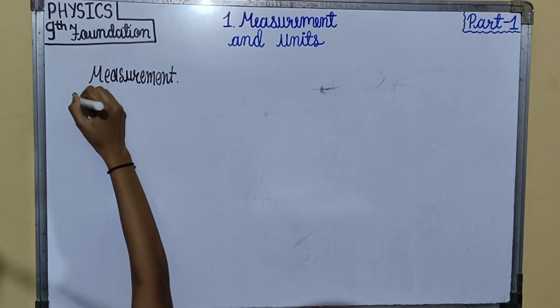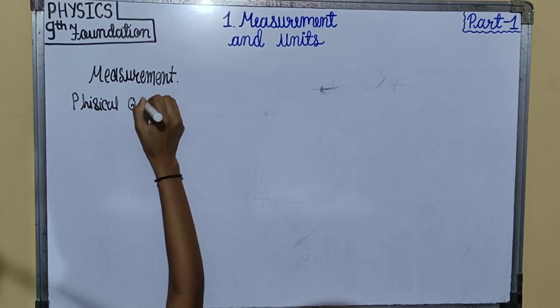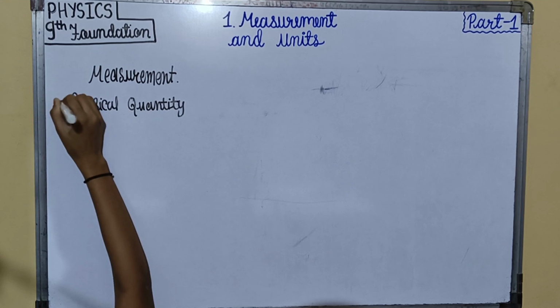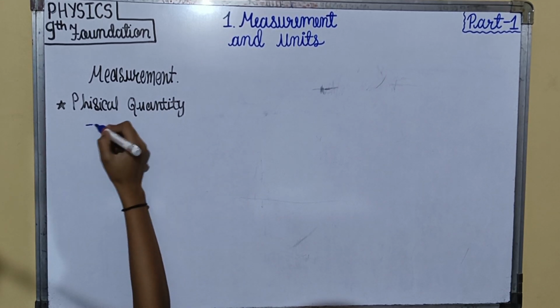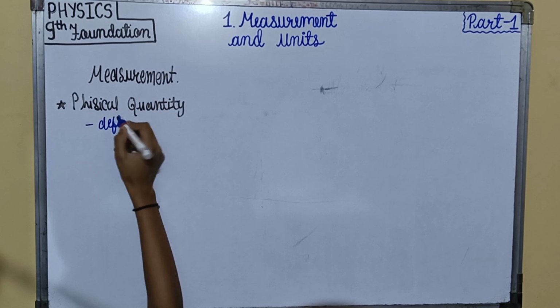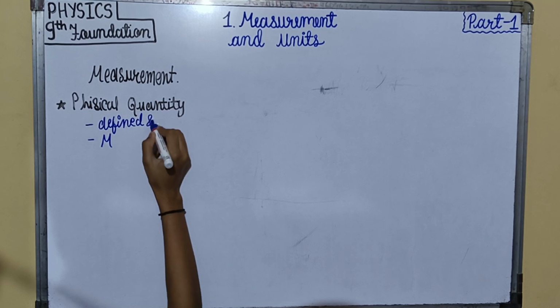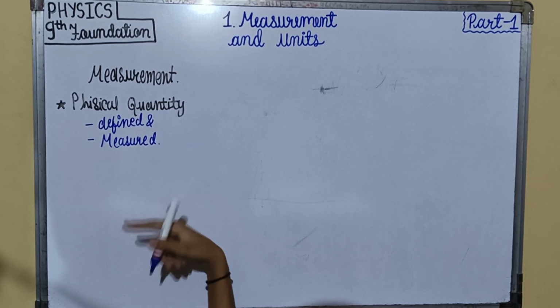The physical quantity is our first point, which means that any quantity that can be measured and defined is called a physical quantity.